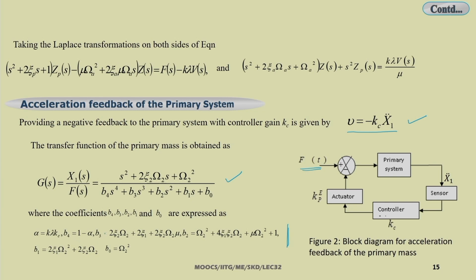To define these b1, b2, b3, b4, we are using this parameter alpha, which is a function of the actuator parameters, like k, lambda and Kc. Kc is the control gain. You have seen here V equal to minus Kc into x1 double dot.